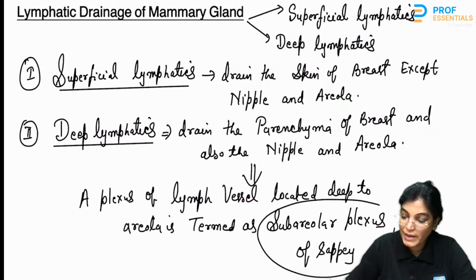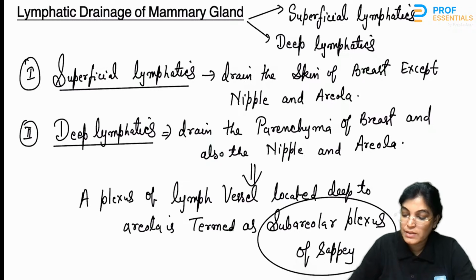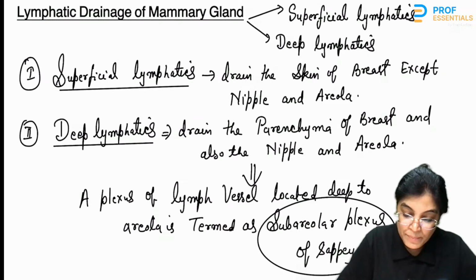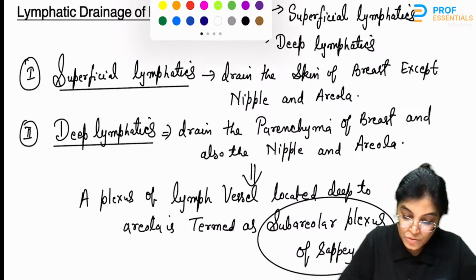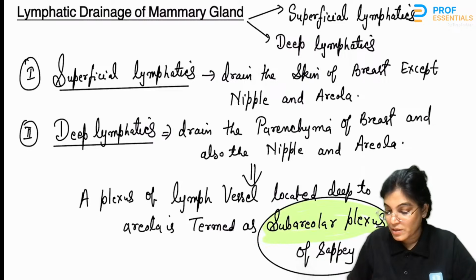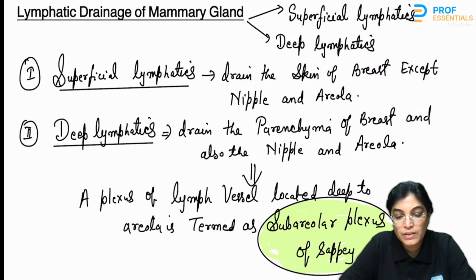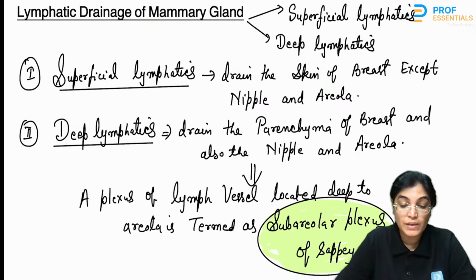This is a very important source of lymphatic drainage which you have to know. I am just outlining this, so highlight it, because everybody should know this: the subareolar plexus of Sappey. I would like to show you this image also, where you can appreciate the structure. The subareolar plexus of the breast drains into the anterior axillary group of lymph nodes.